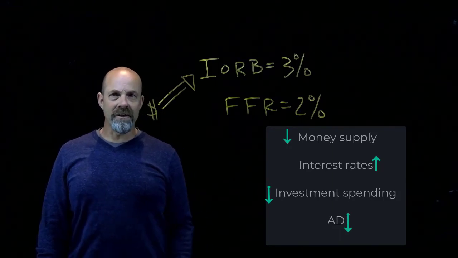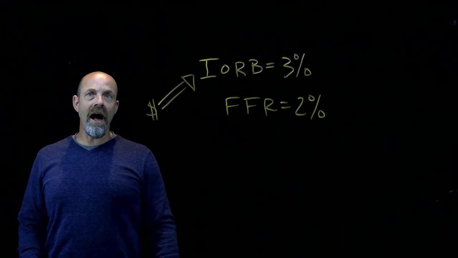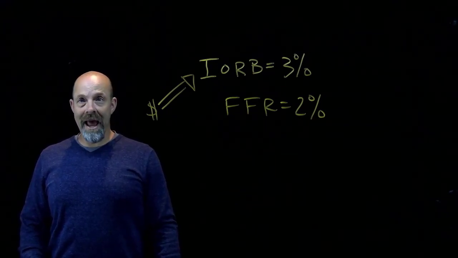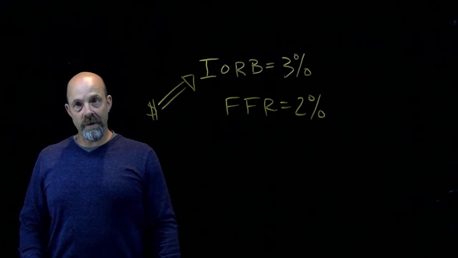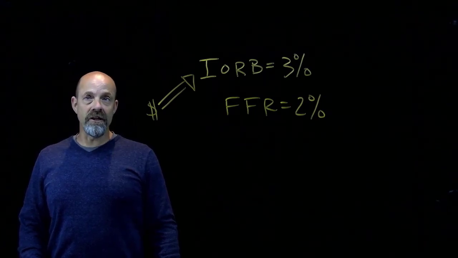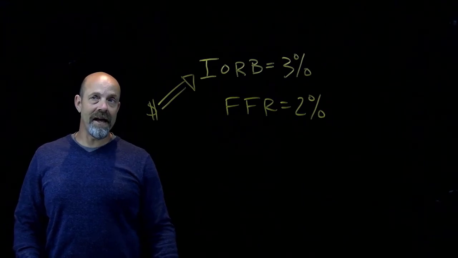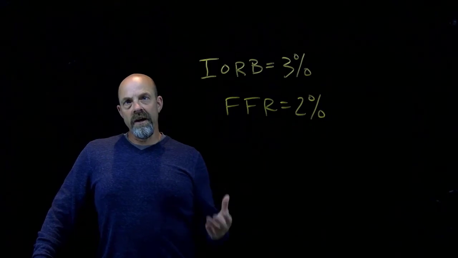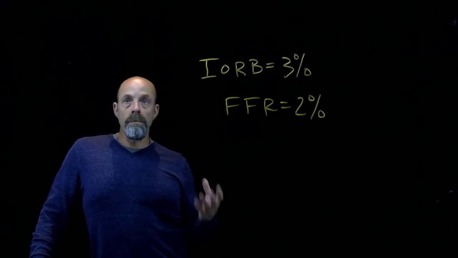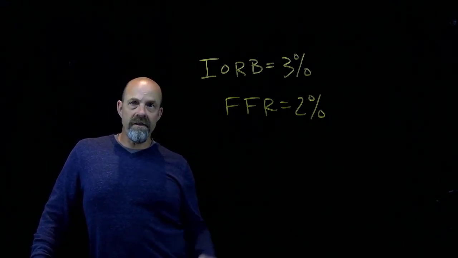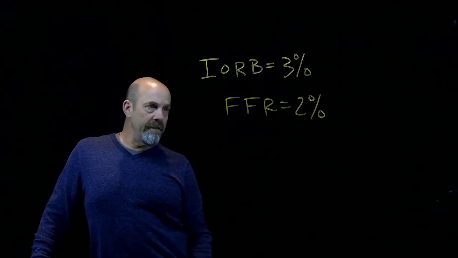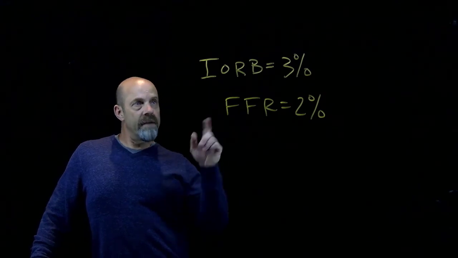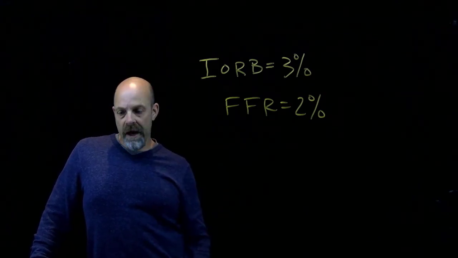Let's take another example which shows how the IORB can be used to expand the money supply and achieve a higher level of spending in the economy. Remember, the Fed could nudge the IORB up or down. If it's greater than the federal funds rate and the Federal Reserve Bank wishes to expand the economy, in this case, they might nudge the IORB downward.